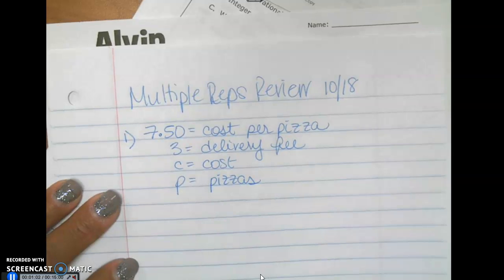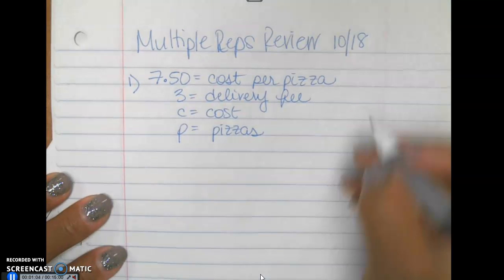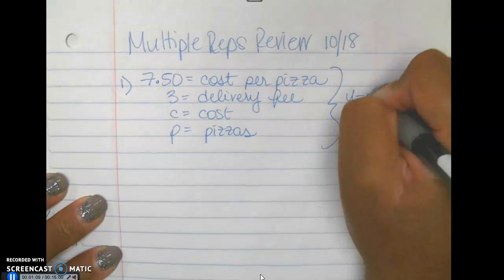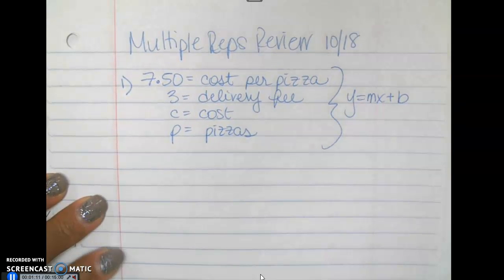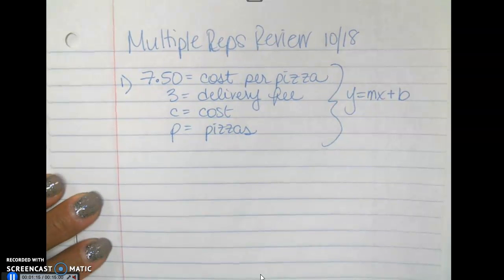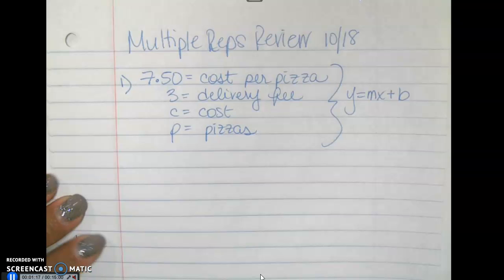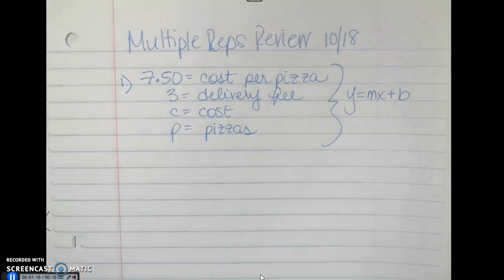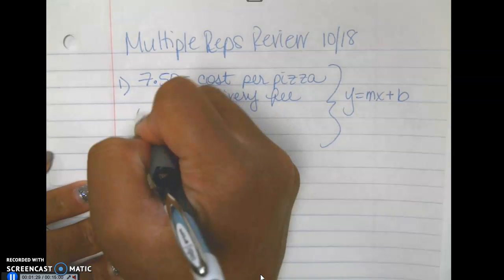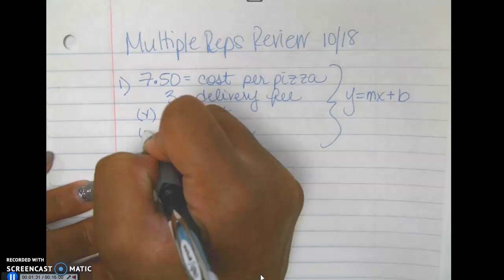If I'm taking into consideration Y equals MX plus B, how would I write this equation? Well, I'm using C and P. So who's my Y and who's my X? The C is my Y and my P is my X.